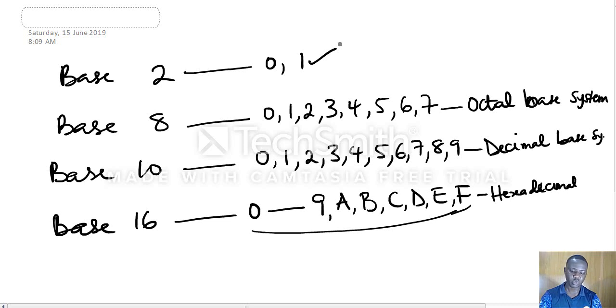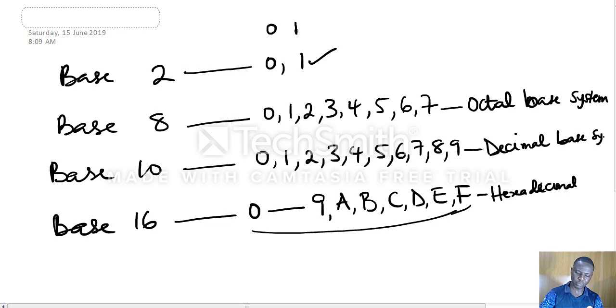So in electronics, 0 is represented as the off state of the device, while 1 is used to represent the on state of the device. So the base 2 system is mostly used by our electronic gadgets at home.